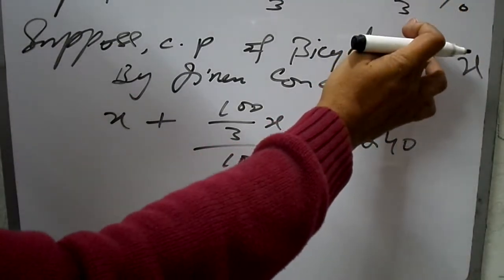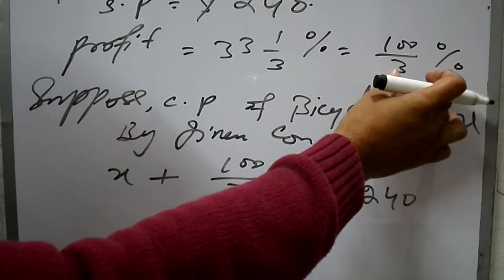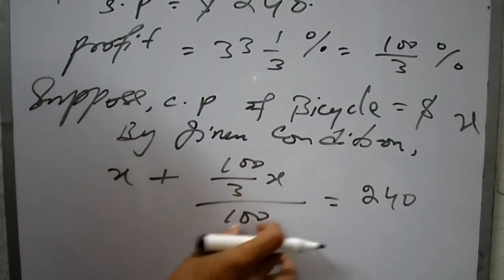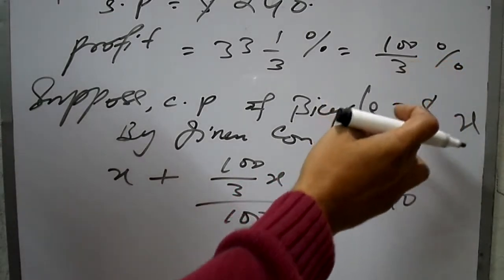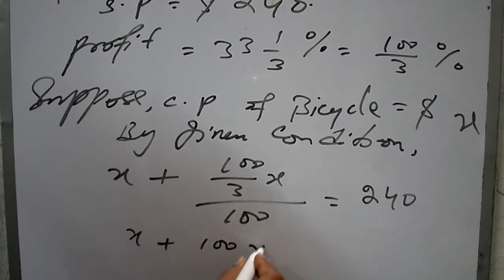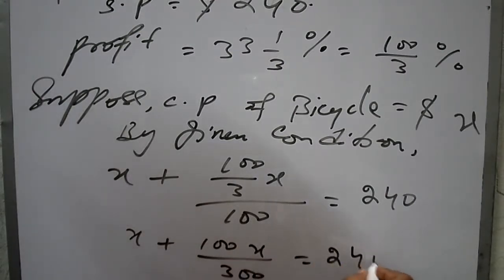So 100 by 3% means that is 100 by 3x, then divided by 100, because we have to remove the percentage sign. So by simplification you will get x plus 100x by 300 is equal to 240.